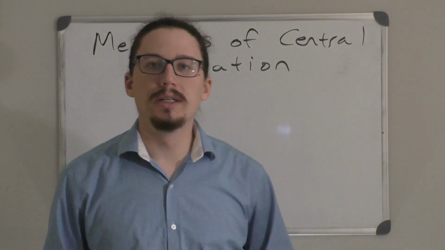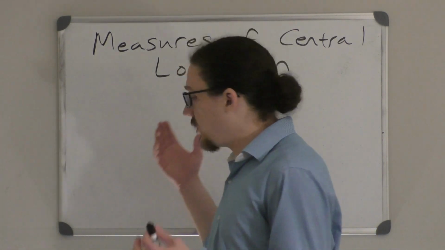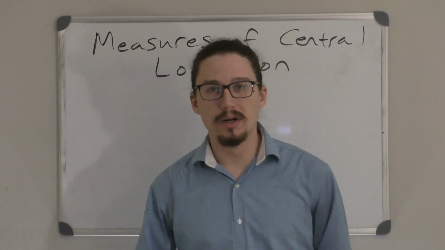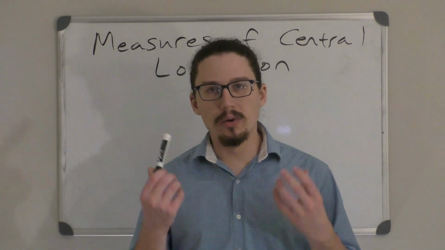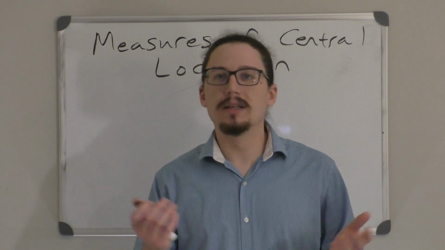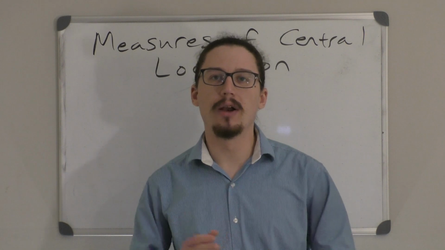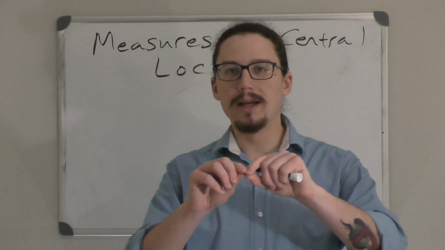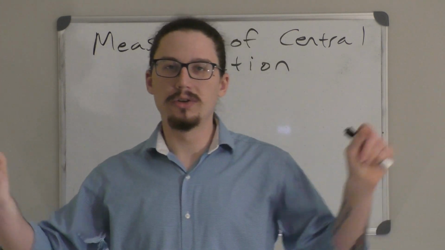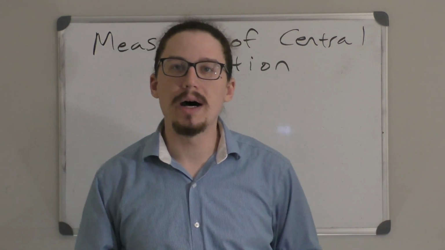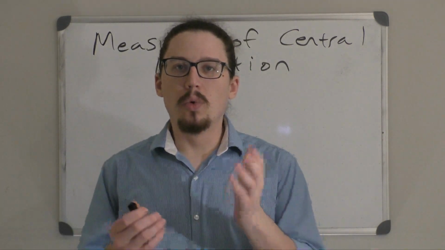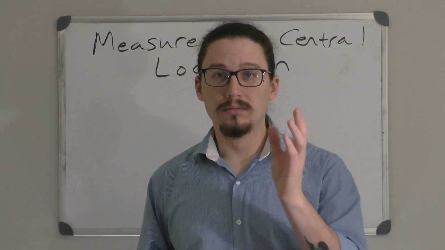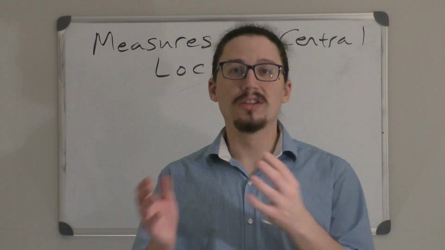So measures of central location are descriptive statistics. They're meant to help us describe our data set. With the central location, we're trying to figure out where our data is centered around. If we imagine a number line stretching from negative infinity to positive infinity, where on that number line does our data lie?